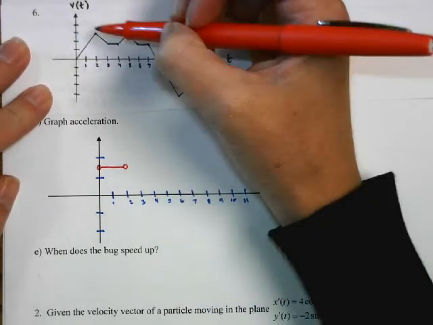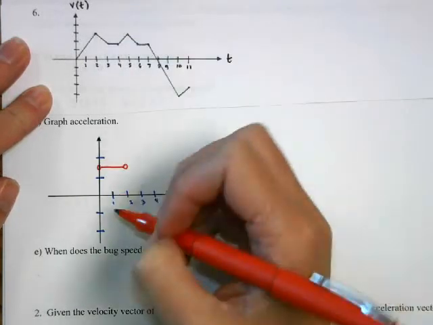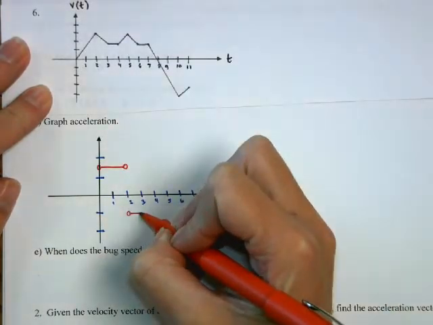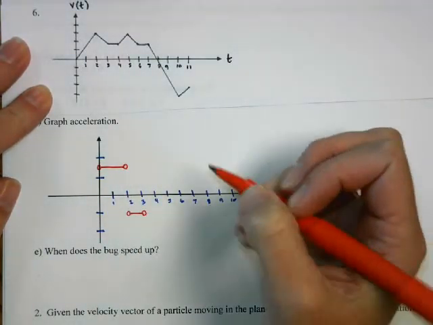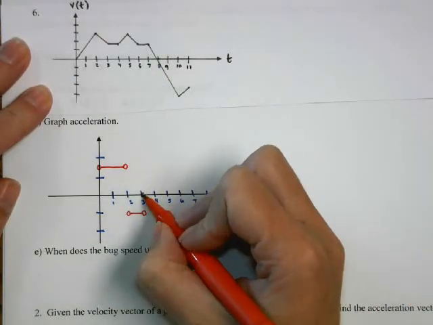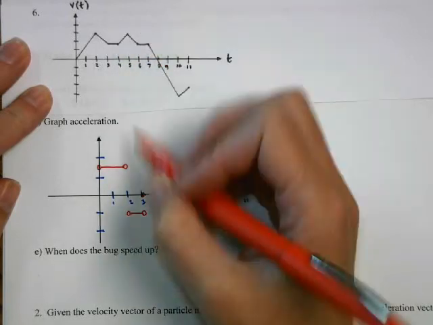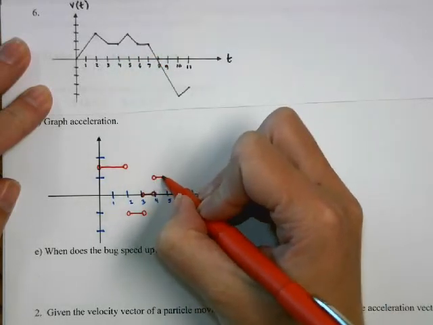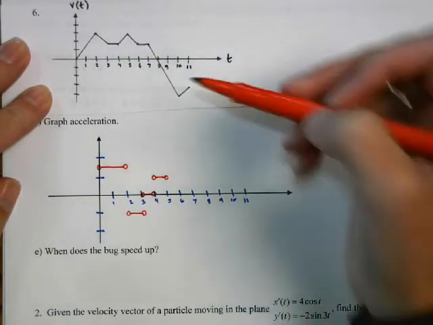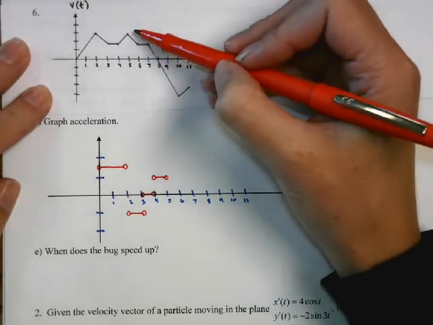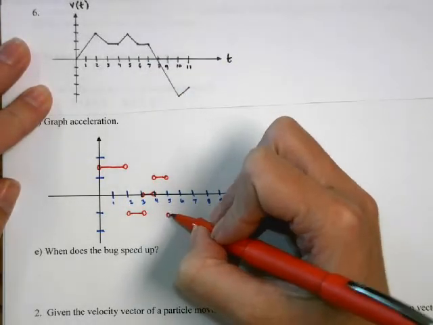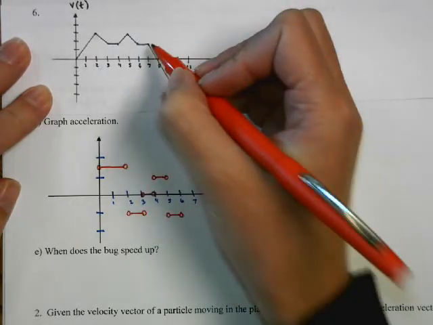Here we're going down 1 over 1, so it's going to be -1 between 2 and 3. From 3 to 4, it's 0 slope. 4 to 5, it goes up 1 and over 1, so +1. From 5 to 6, we go down 1 over 1. 6 to 7 is constant.